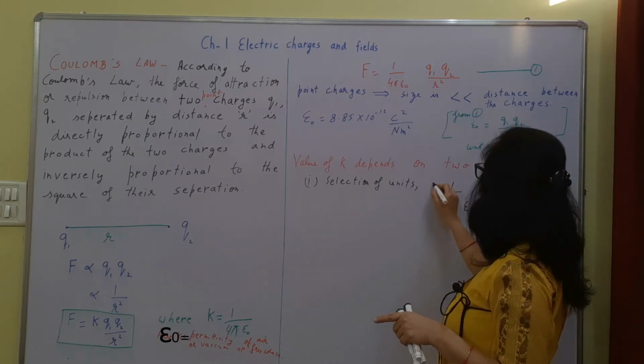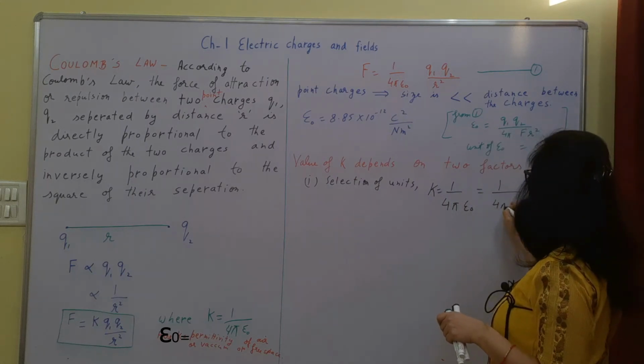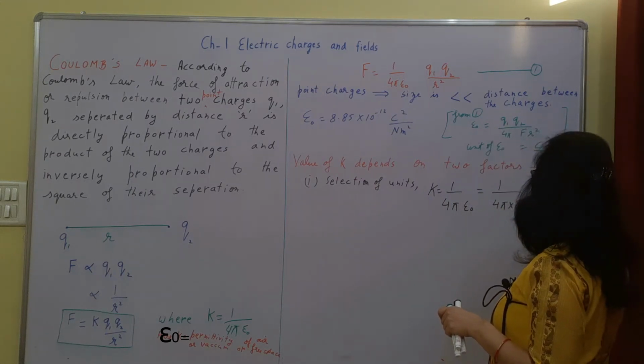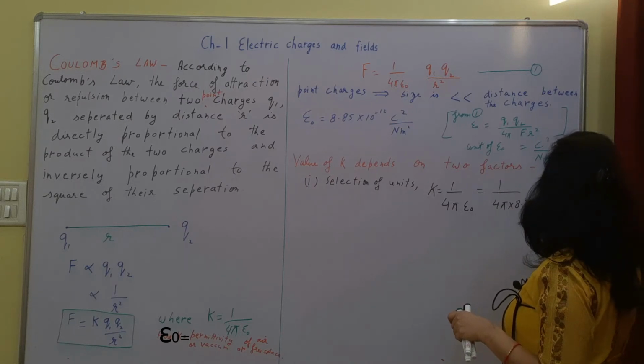This is K. This is 1 by 4 pi into 8.85 into 10 to the minus 12 Coulomb square per Newton meter square.